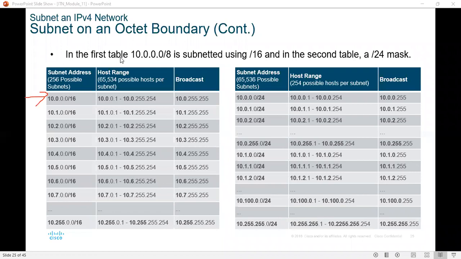So now, how many subnets can we extract out of this? Ideally it should be 255.0.0.0, but we are doing /24. That means how many bits have we borrowed now?